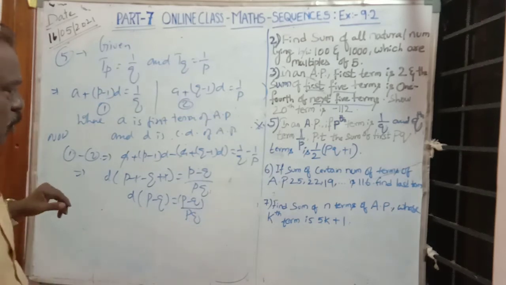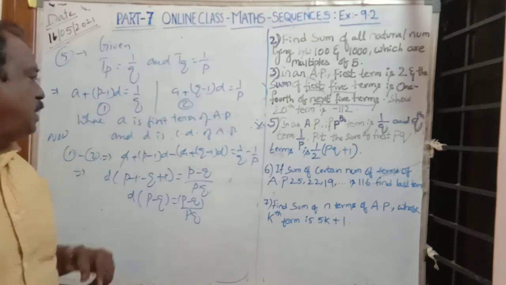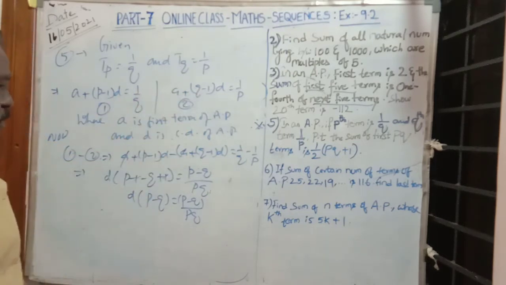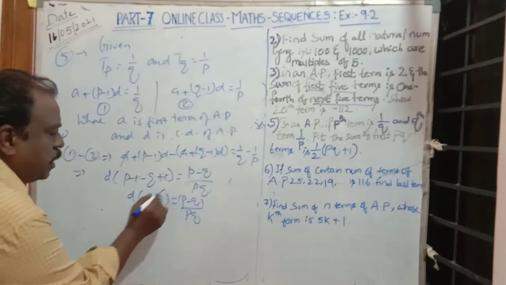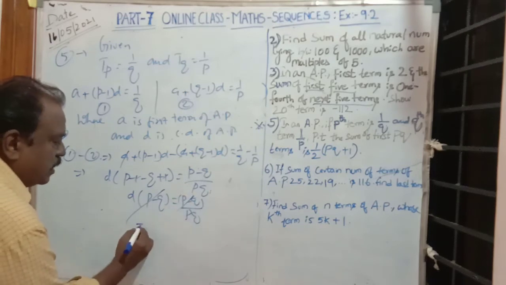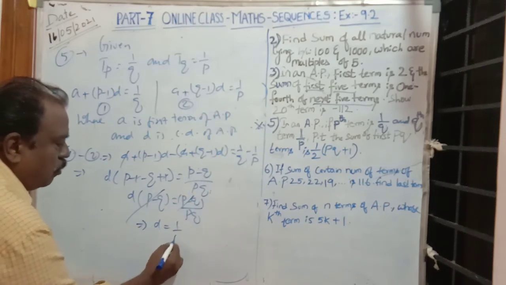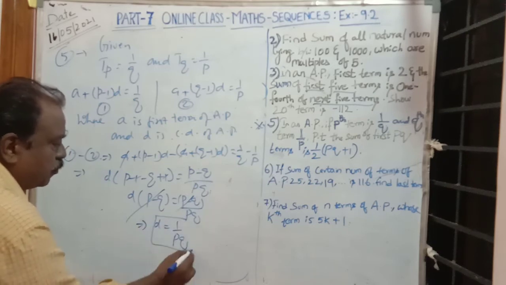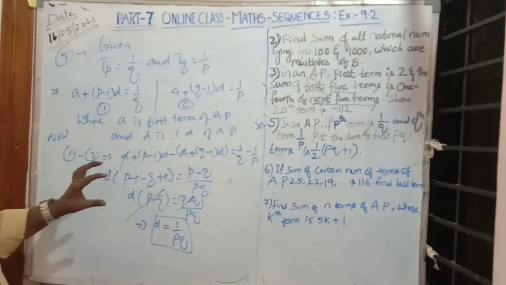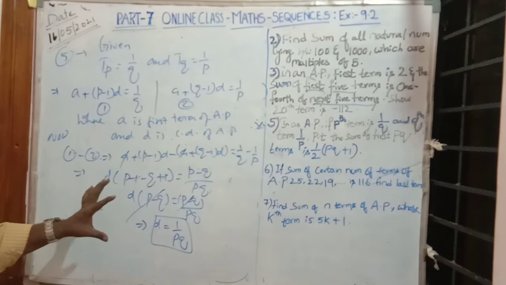Now don't confuse me. LHS minus LHS, RHS minus RHS. So here p minus q also cancels. So we get D is equal to 1 by pq. Okay, now we get the common difference.